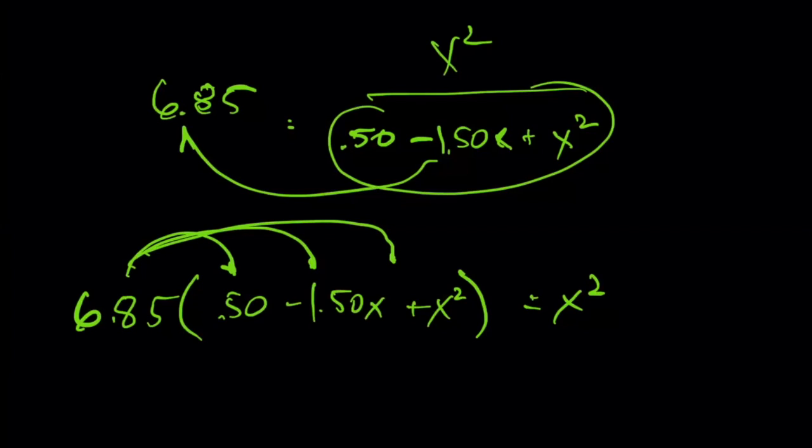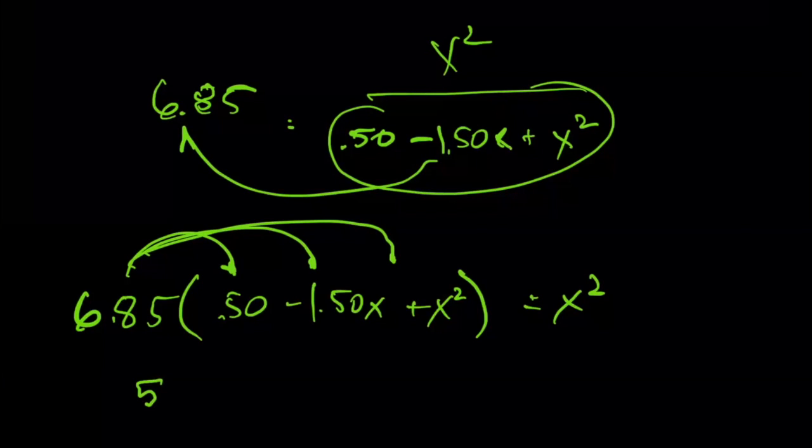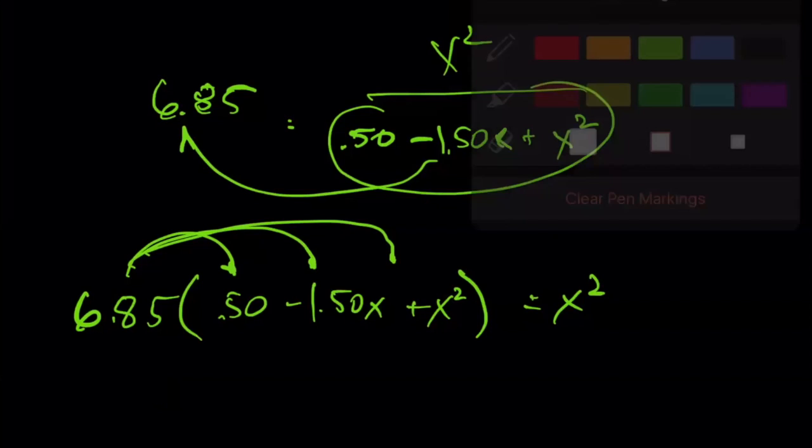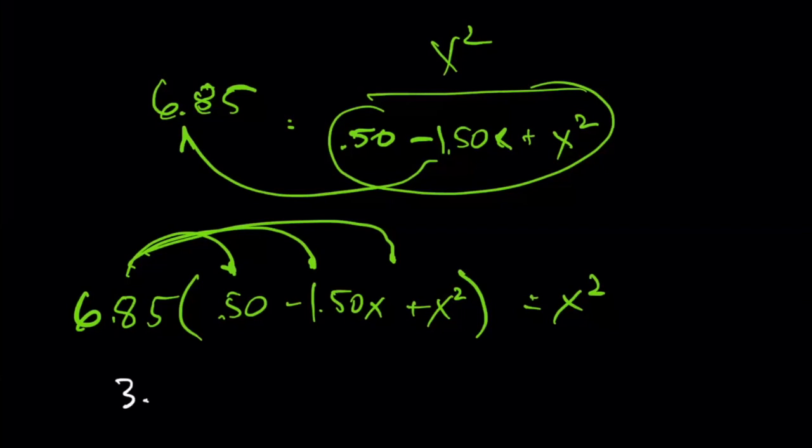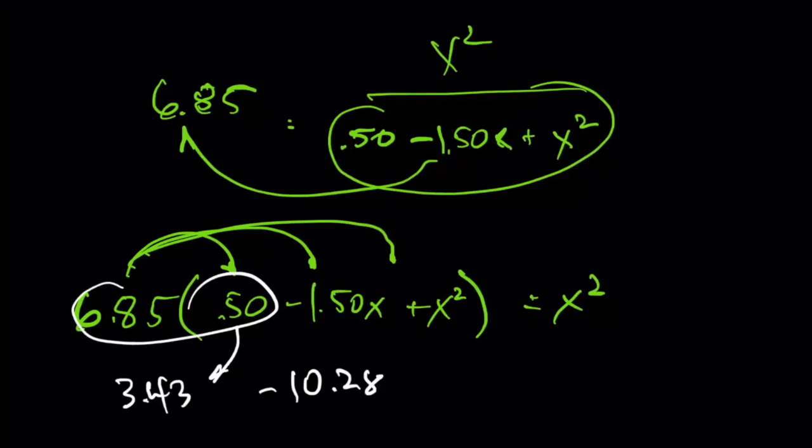So that first term comes out to 3.43. If you do this math, this is what happens: 3.43, then 10.28, and then this is 6.85x squared.